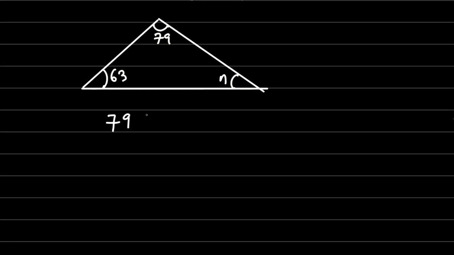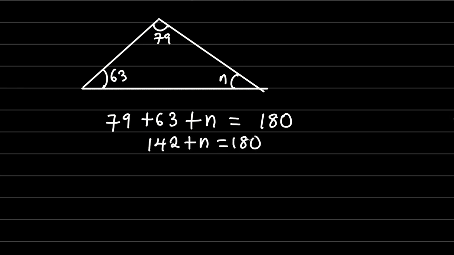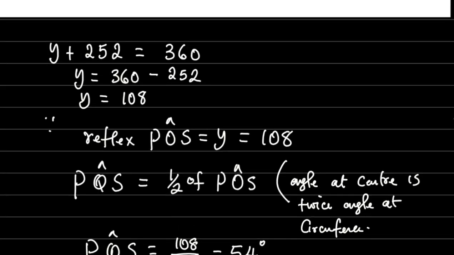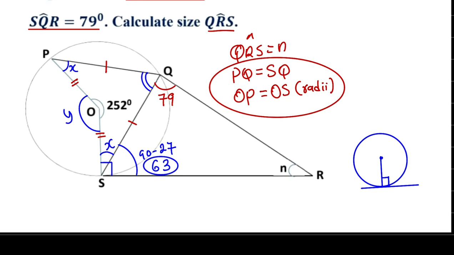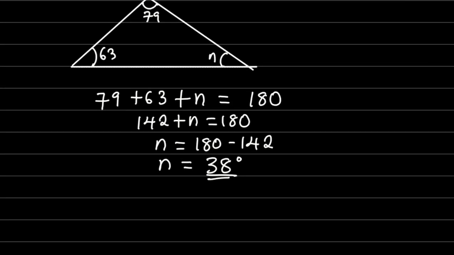So I have 79 plus 63 plus n is equal to 180. 63 plus 79 is 142, plus n is equal to 180. So n will be equal to 180 minus 142. So my n will be equal to 38 degrees.